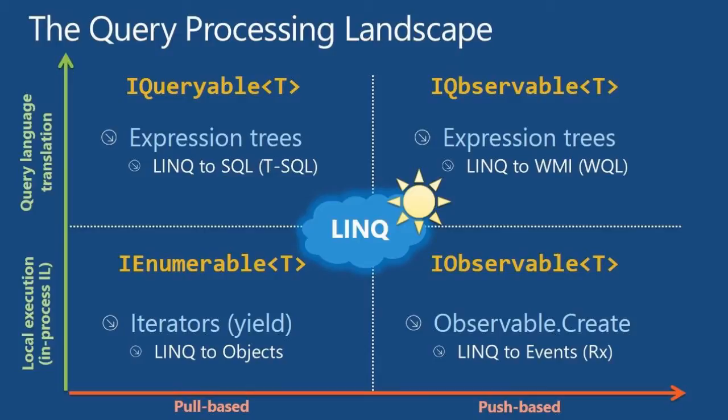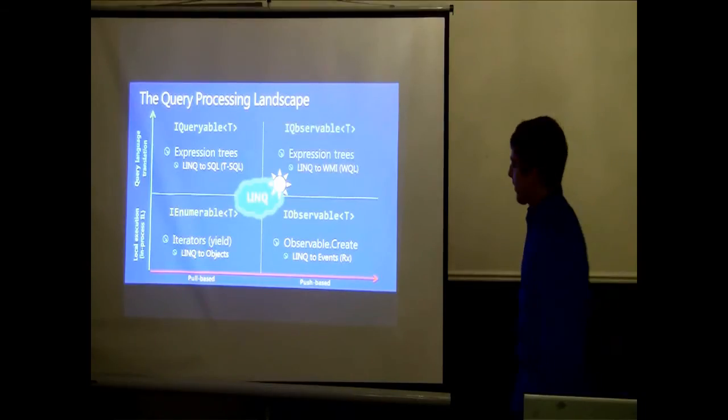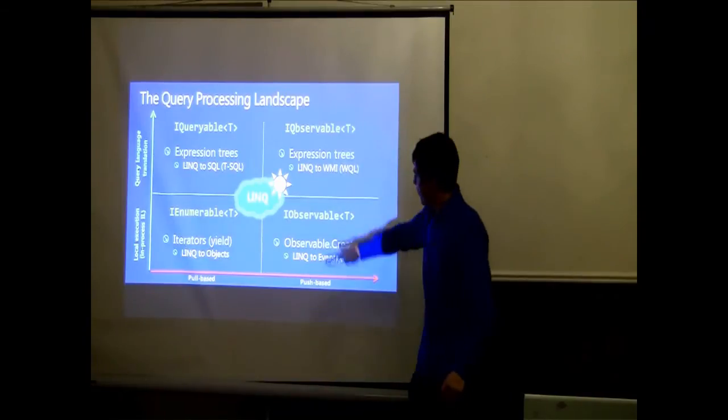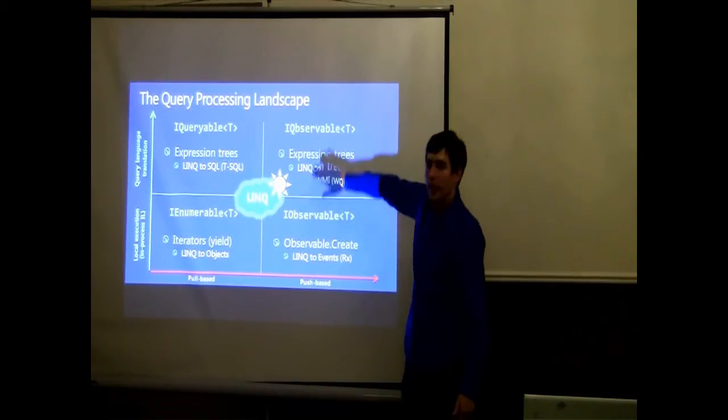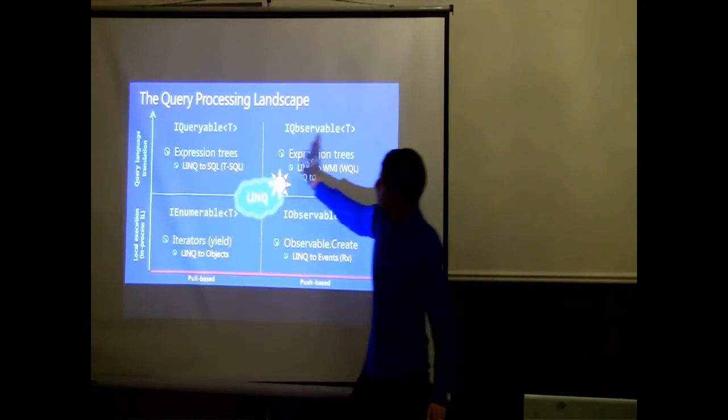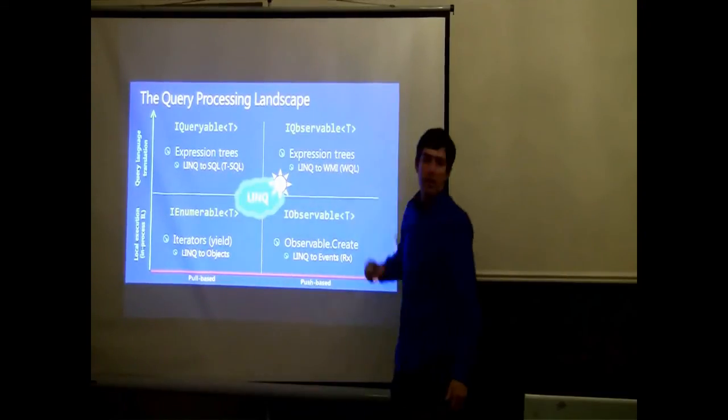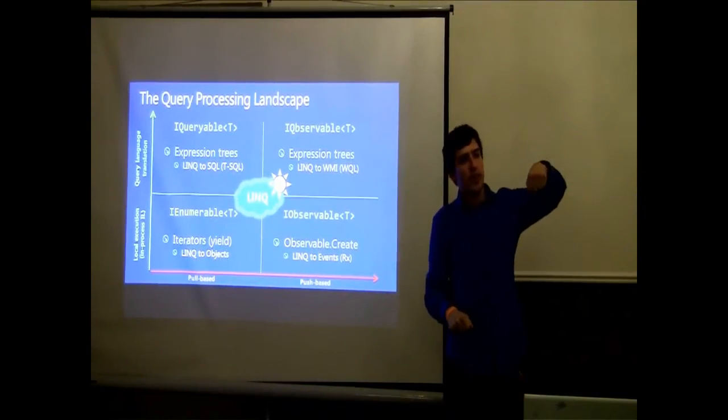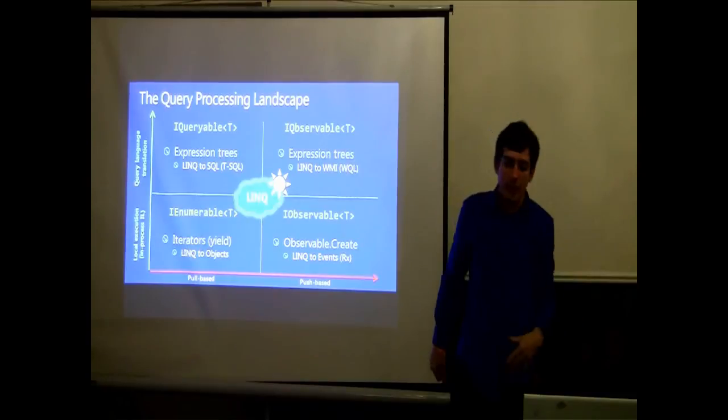However, we always had LINQ to SQL with expression trees for IQueryable. IQueryable takes an enumerable style query, runs it somewhere else by means of expression tree translation. So we add to that IQbservable, which is IObservable style queries, push-based queries, but represented using expression trees. And so now you can pick up the user intent and run it somewhere else.